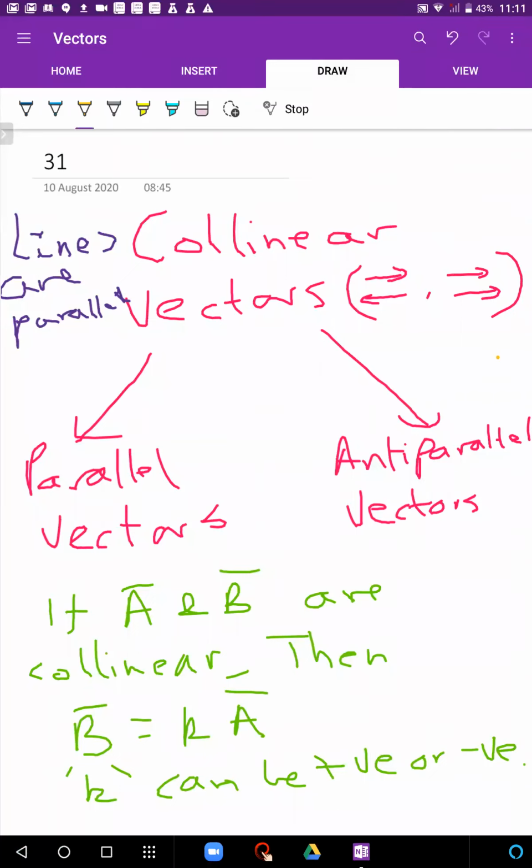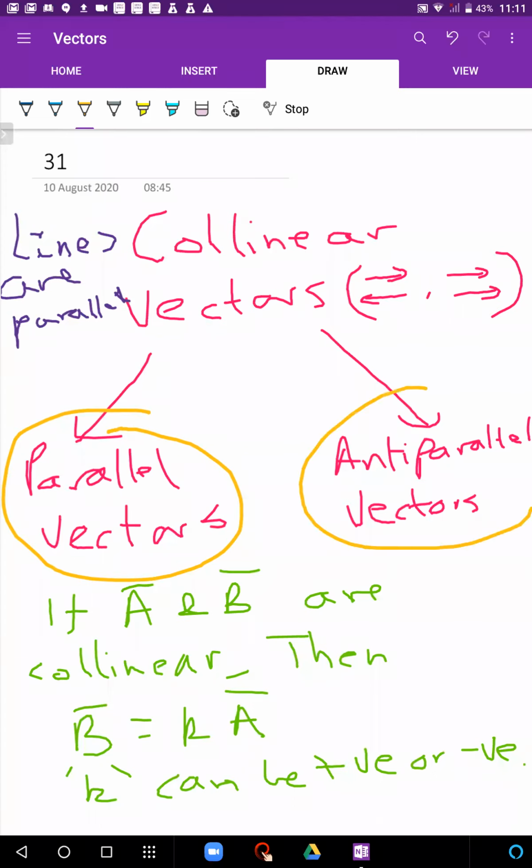Collinear vectors actually have two cases. These two vectors pointing in opposite directions are also collinear. Vectors pointing in the same direction are also collinear. So collinear vectors are of two types, parallel and anti-parallel.